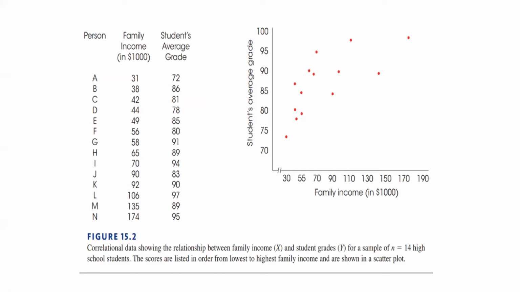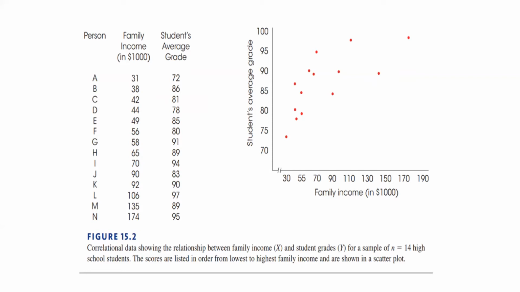By doing a scatter plot or scatter diagram, we can sort of eyeball and visually inspect to see if there are patterns or trends in the data for these two variables that are being correlated. Each individual, persons A to N, is represented by a single dot in the scatter plot.